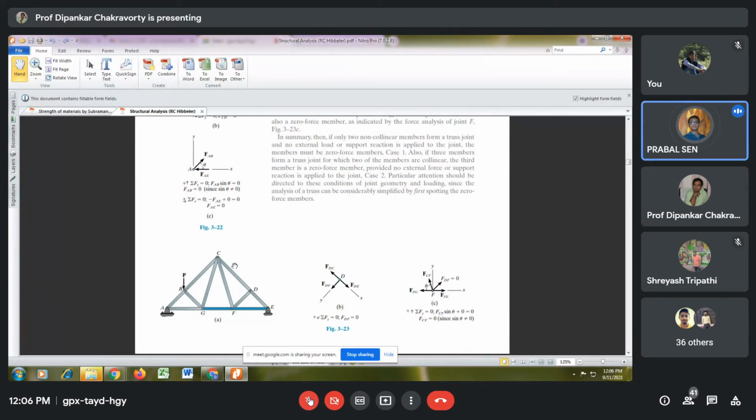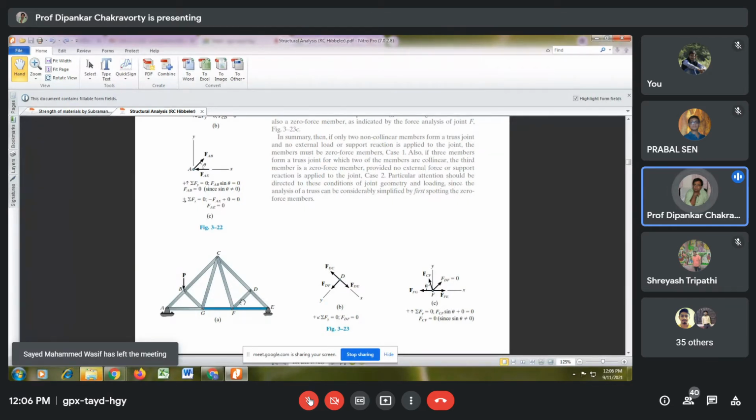If a force is applied along FD, how can the member at C balance that? This is 90 degrees, so it cannot be balanced, no? Yes, sir. Okay. So if FD is a zero force member, I agree with you.